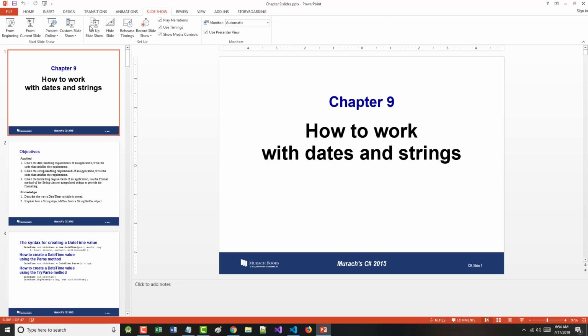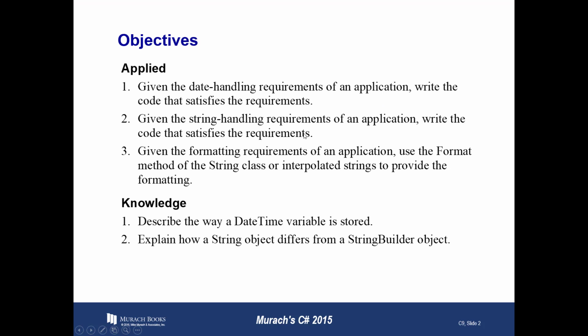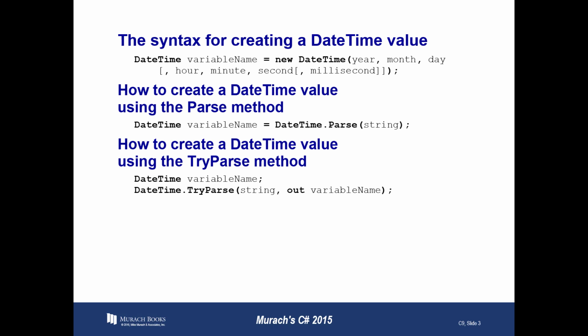As always, as we start going through this, I'm not going to read objectives to you. We will talk about strings, we will talk about string builders, we will talk about dates. Notice when you work with dates, by default, the system assumes you're going to be working with the year, the month, the day, the hour, the minute, and the second.